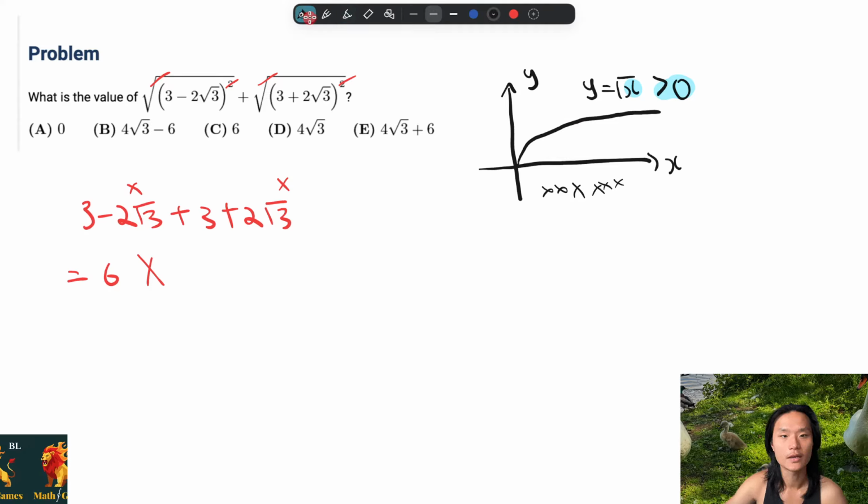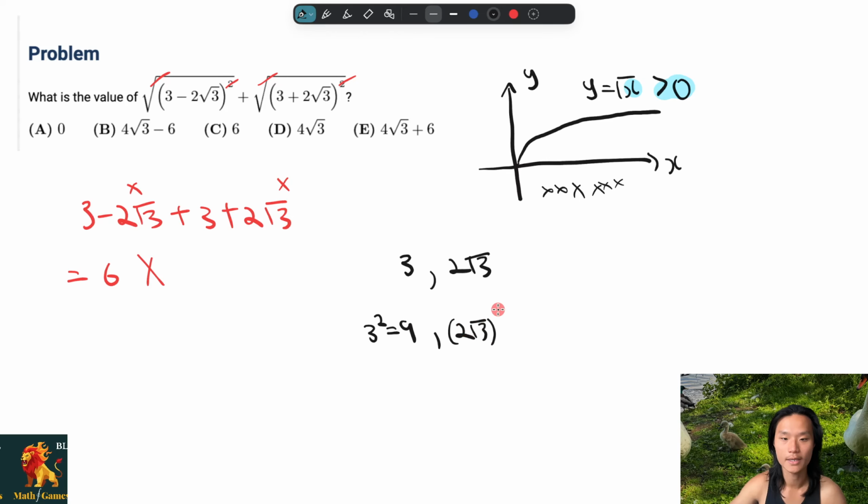Now, if we look at the numbers 3 and 2 root 3, let's try and square both of them. 3 squared is 9, and 2 root 3 squared gives us 4 times 3, that is 12.